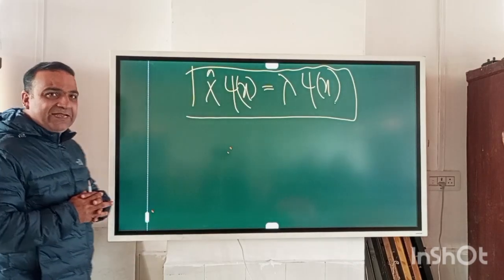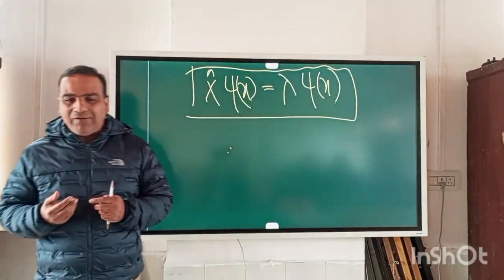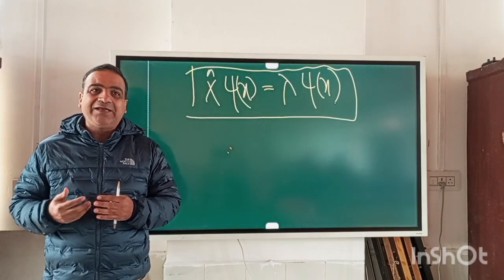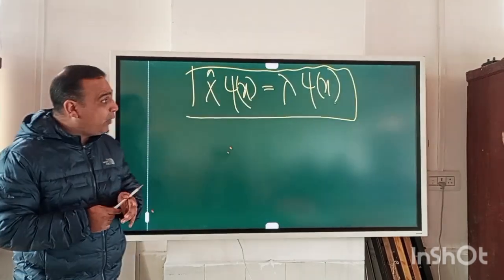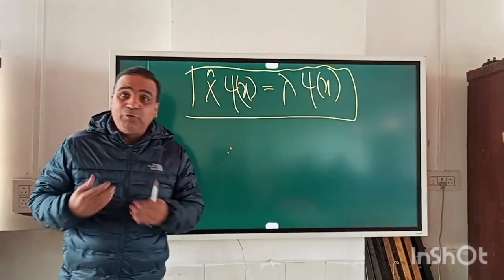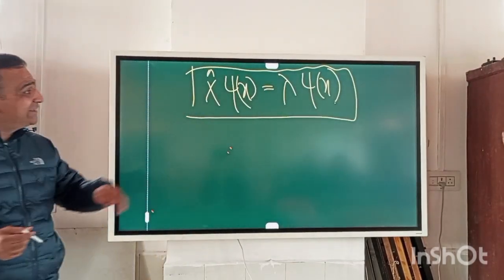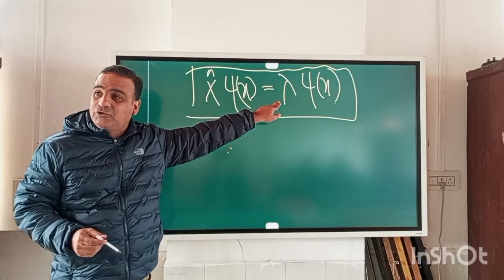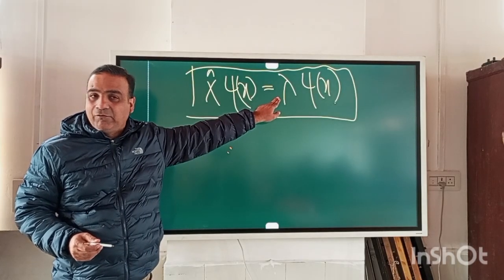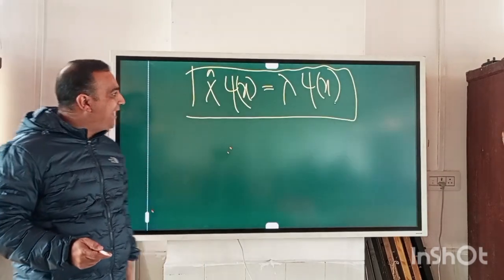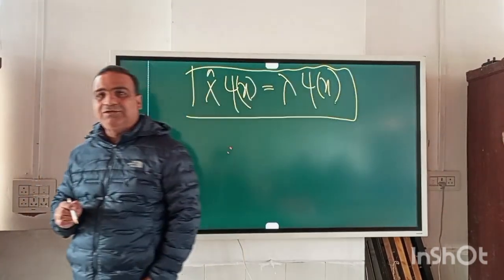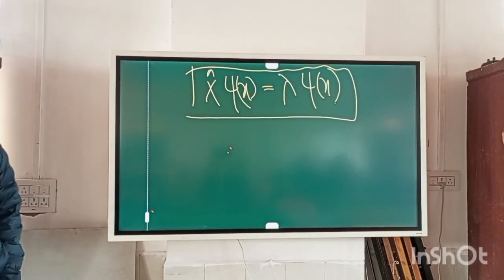Now, the next thing is a point of mathematical predictability: we want to prove mathematically that this lambda has to be real. Clear? So for that, we will have to do an exercise on this problem.